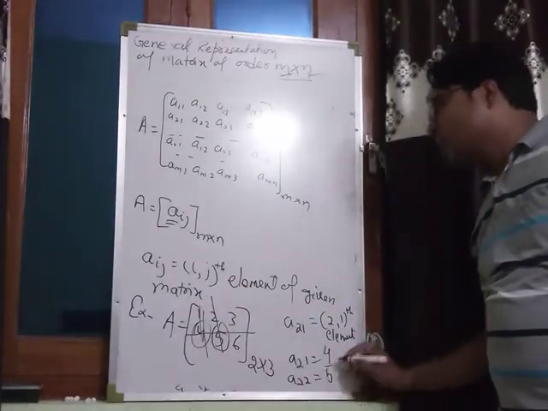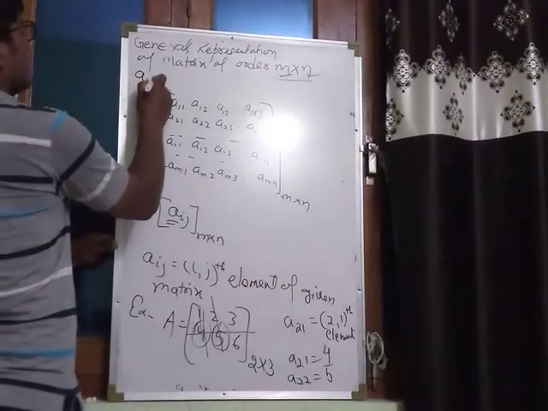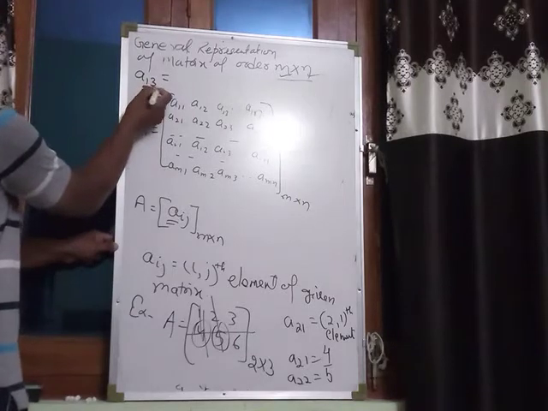Okay. If someone asks you to find out A13, means first row, third column.